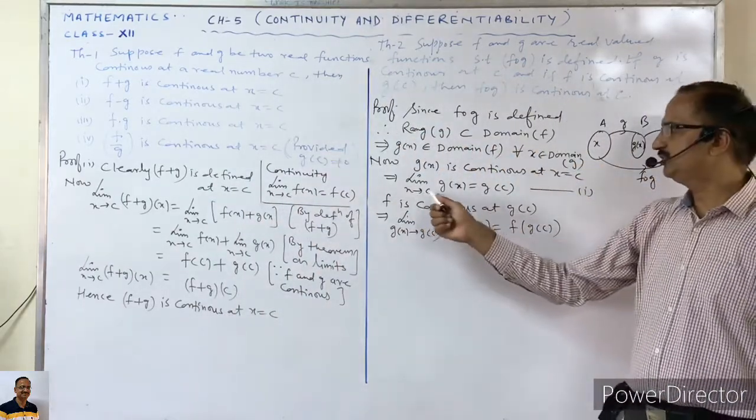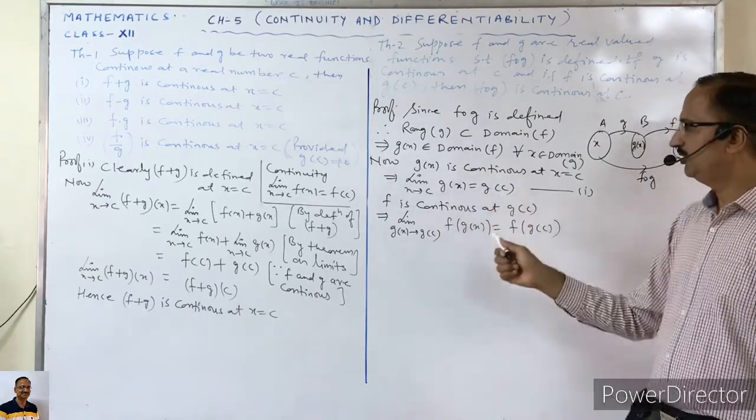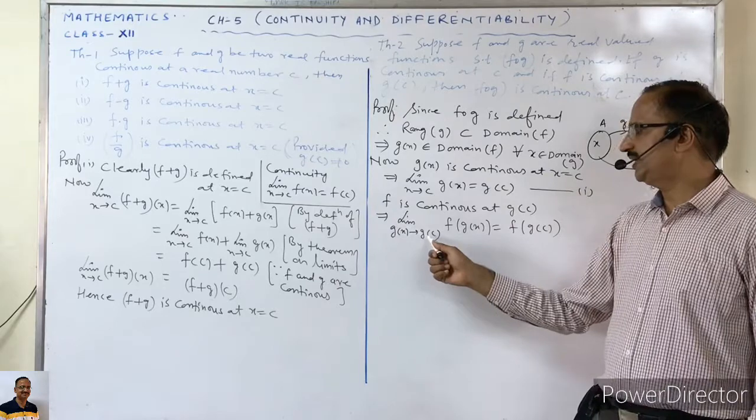Now, when x tends to c, then g(x) tends to g(c).